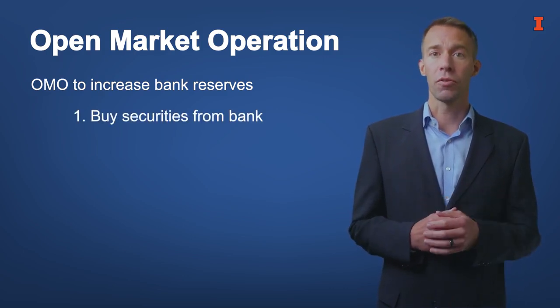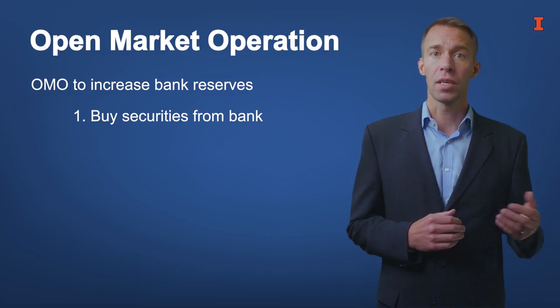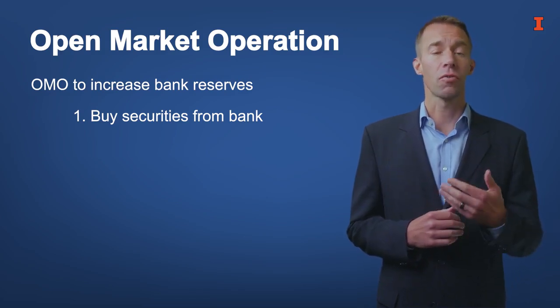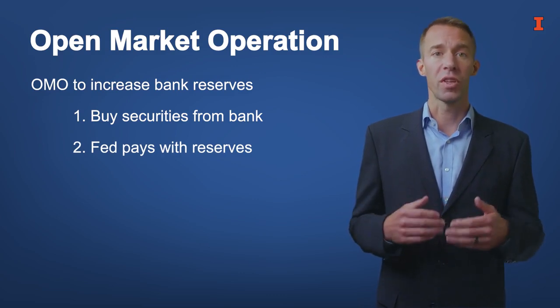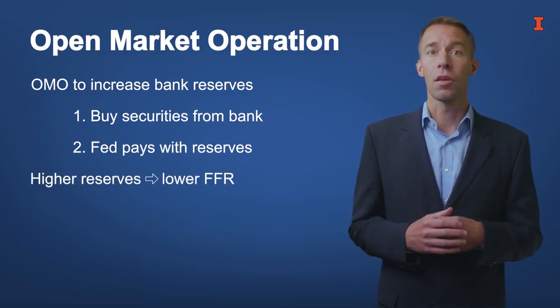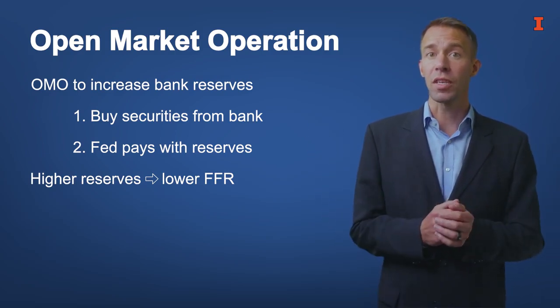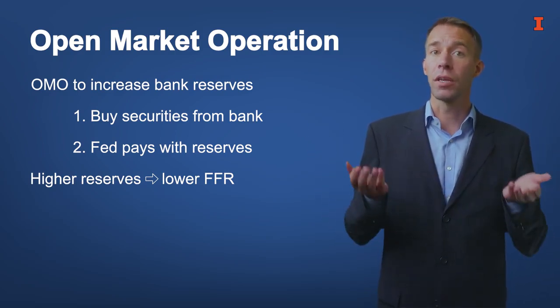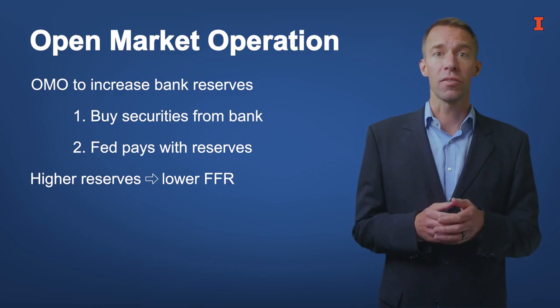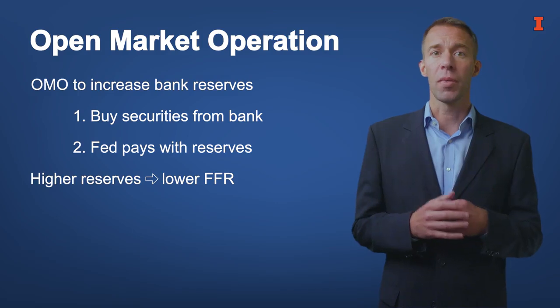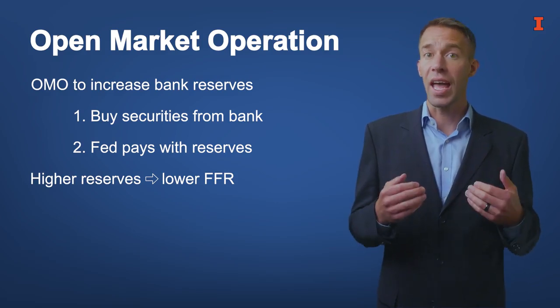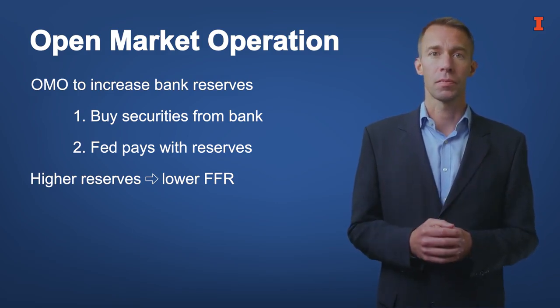If the Federal Reserve wants to lower the federal funds rate, it can buy securities from banks. These purchases are paid for with reserves. Hence, the overall available funds in the federal funds market will increase. This shifts the supply curve to the right. The new equilibrium has more federal funds and a lower interest rate.